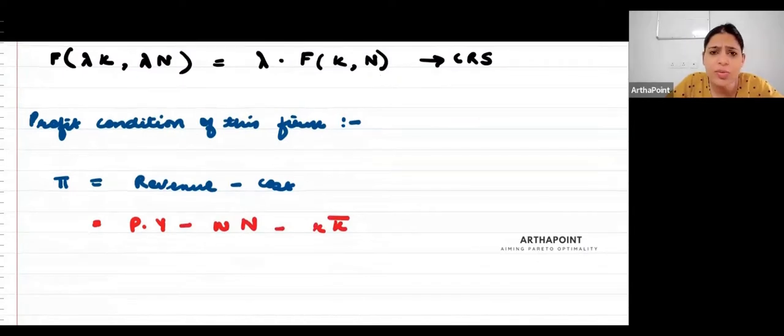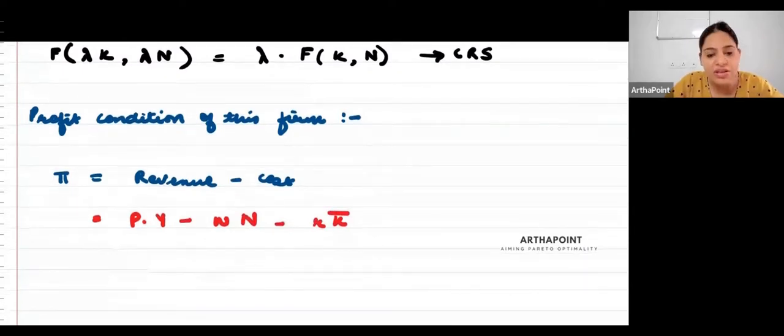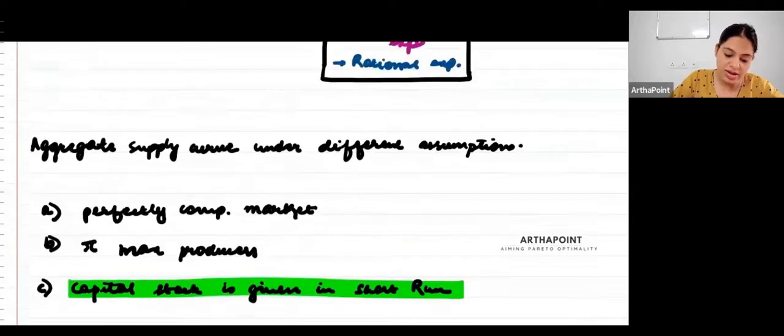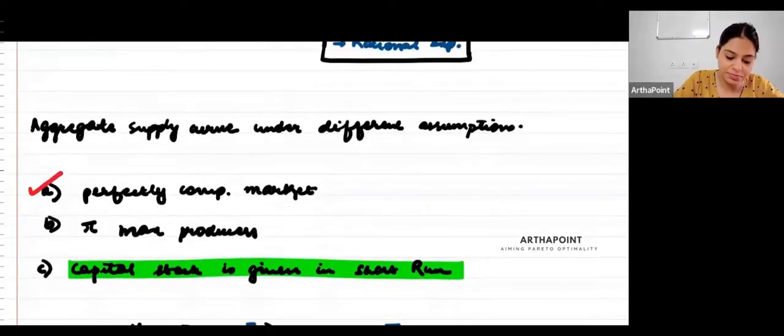I want to go ahead and maximize this profit. Even though I know maximized profit is 0, I get 0 profit in the long run. That's my economic profit as a perfectly competitive market. Still, the aim of any producer is profit maximization. So here also, I'm a profit maximizing producer.